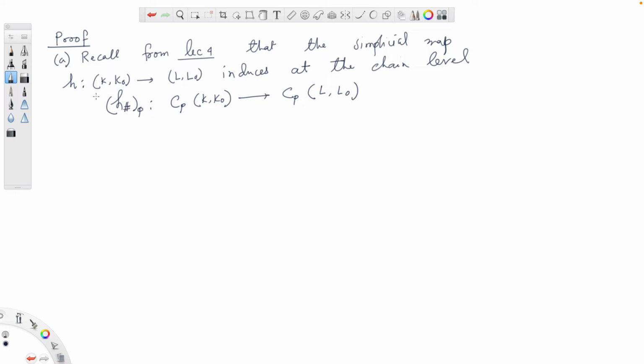Right. There is an induced homomorphism at the chain level. Okay, we know it from the fourth lecture. One similarly obtains the following induced maps at the level of chains.